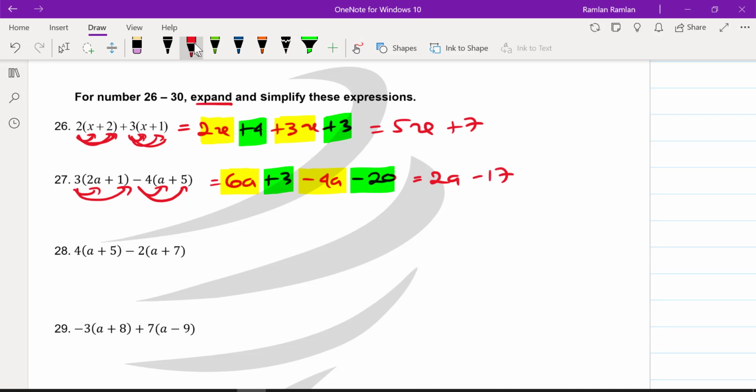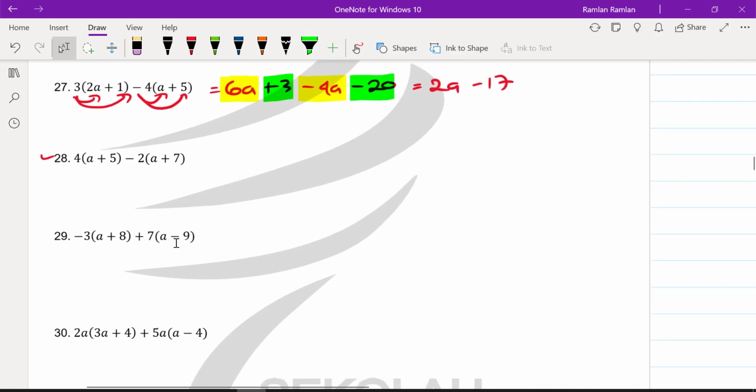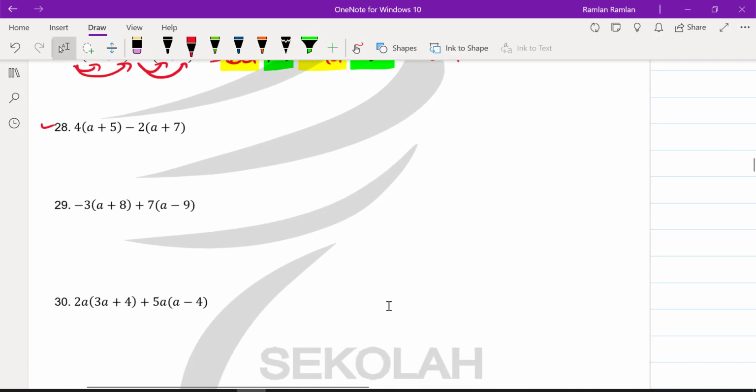Okay, so you can do this one, number 28, 29, and then number 30. I'm gonna go to number 30, guys. So here we do the same thing again like this one. That'll be 2a times 3a becomes 6a squared. Be careful, this is a times a because that'll be a squared, and then 2a times 4, which is plus 8a, and then 5a times 2 times a will be plus 5a squared, and the last one is 5a times negative 4, that'll be minus 20a, and then we do the same thing again.